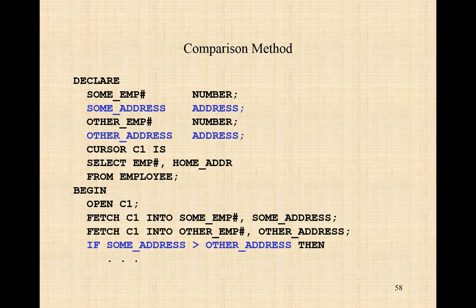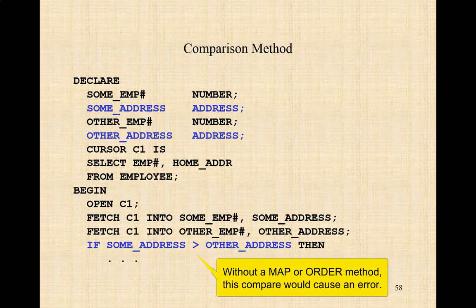Within PL/SQL, we can declare variables of our object type. We have in this example one object called SOMEAddress and another object called OtherAddress. Given that we've declared a map method or an order method, we can now, within PL/SQL, conduct a relational expression.